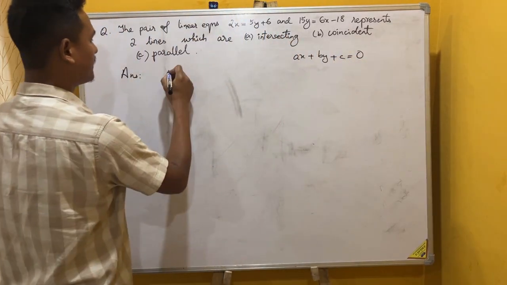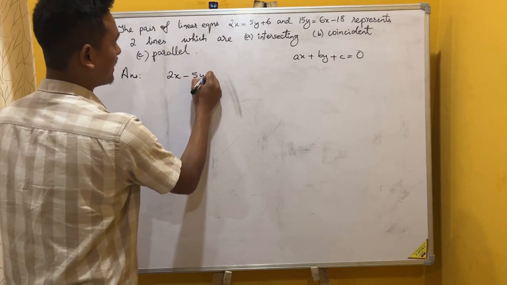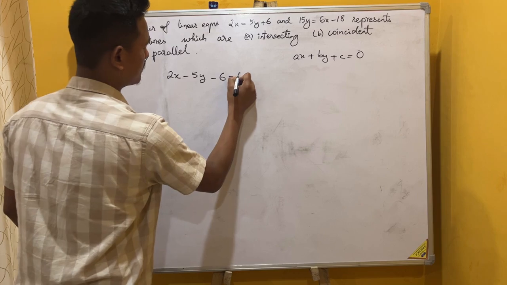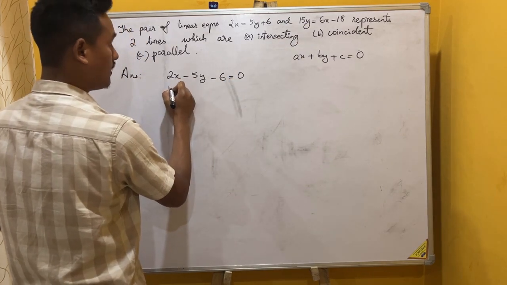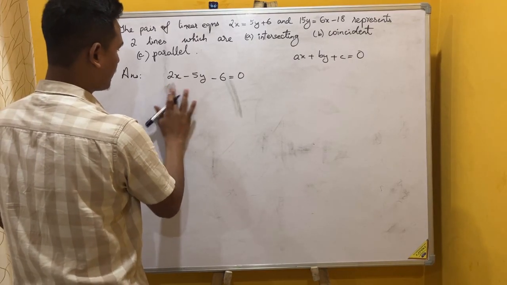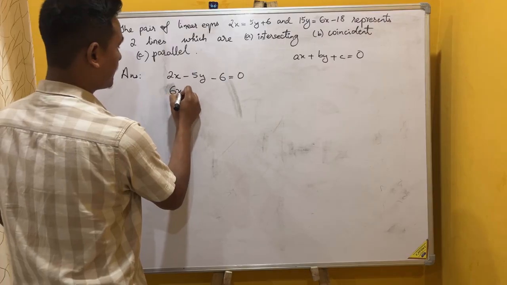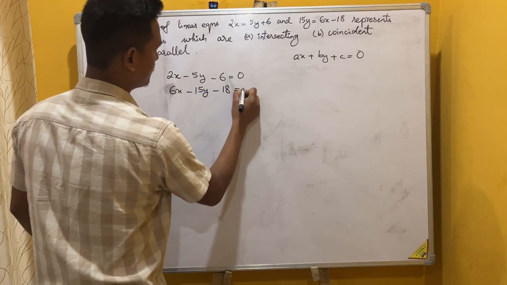So this one can be written as 2x minus 5y minus 6 equals 0. And from here, we can write 6x minus 15y minus 18 equals 0.